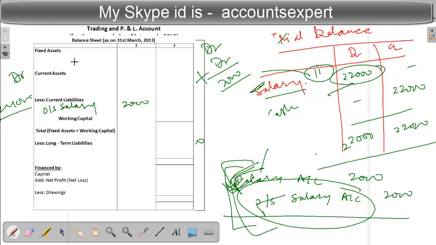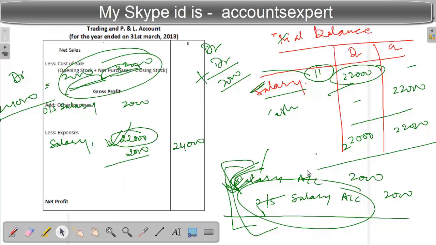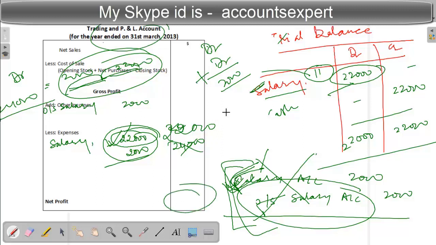Now suppose we do not pass this adjustment entry, then what will happen? Salary will not come at 24,000, it will come at 22,000 only, and P&L will give the result of only 11 months.